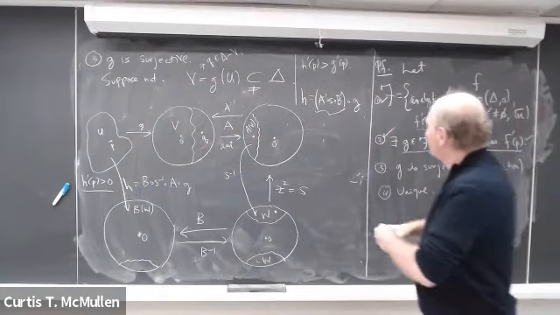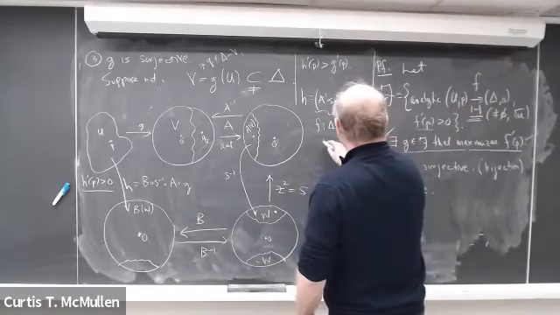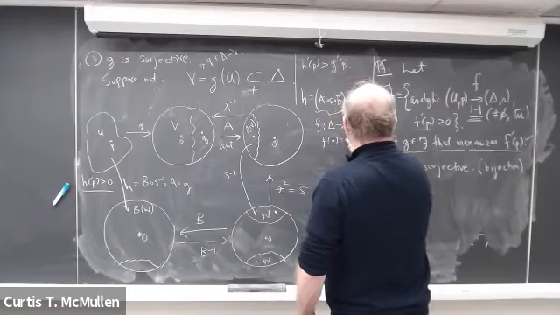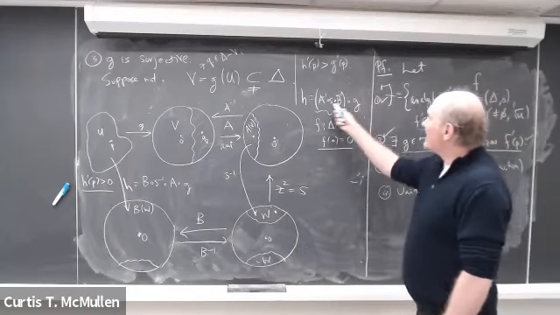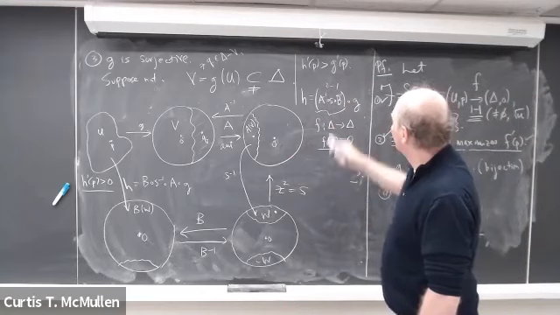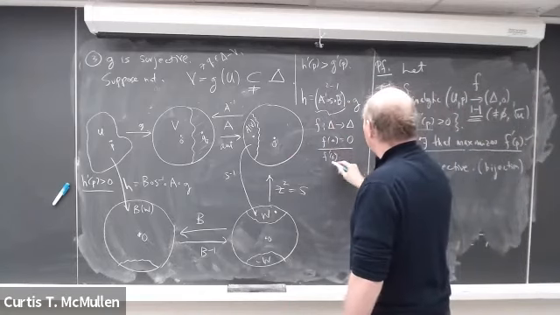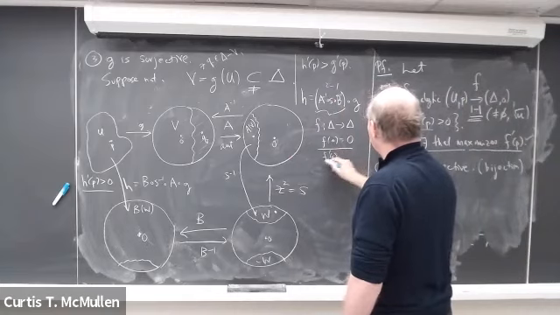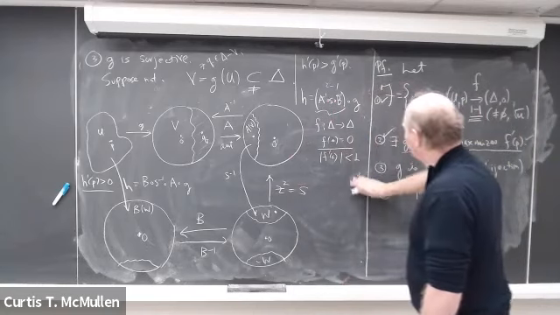Let me call it F. This is a map from the disk to itself, and it sends 0 to 0. But it's not an isomorphism, because in the middle we have this squaring map. This map is 2 to 1. And so by the Schwarz lemma, f prime of 0 is in absolute value strictly less than 1.